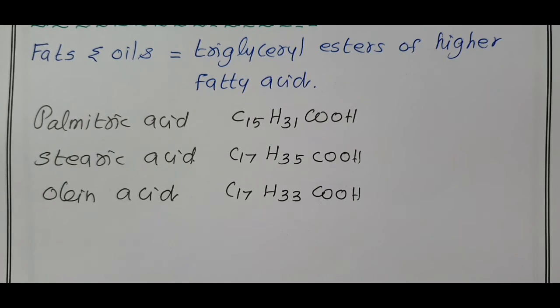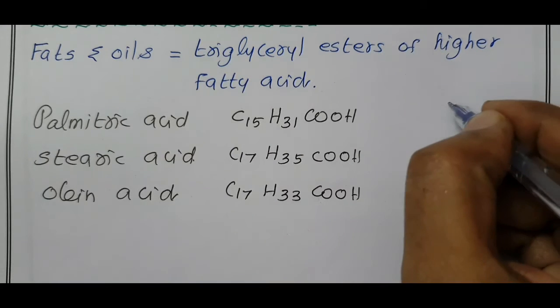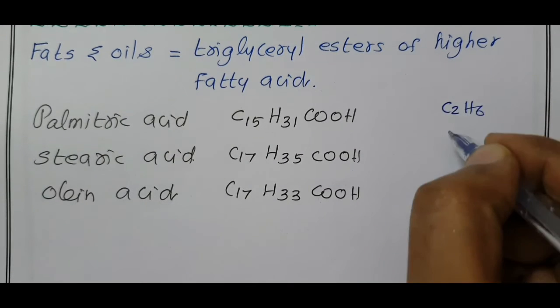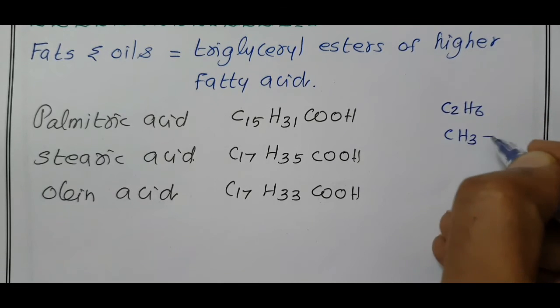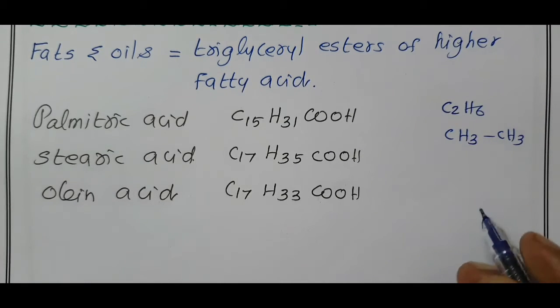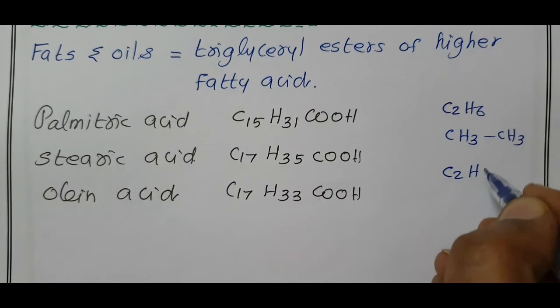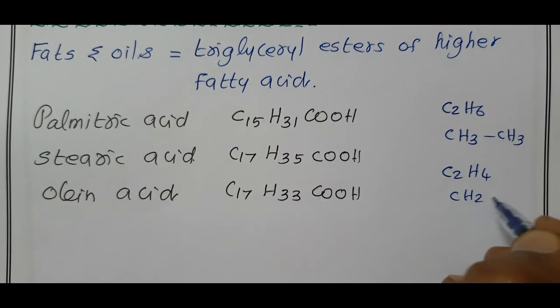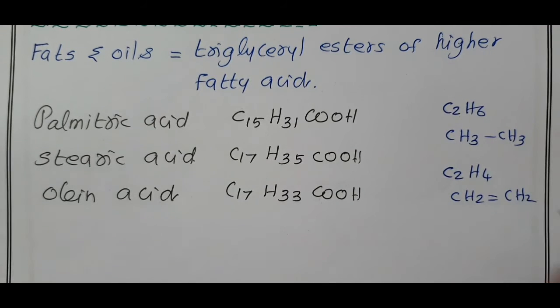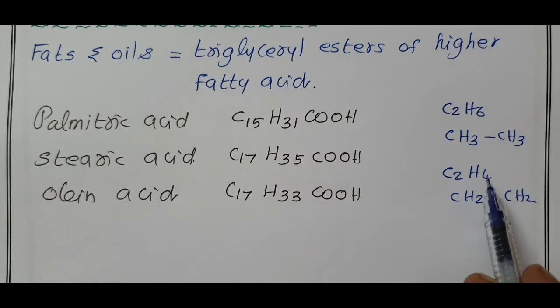Ethane molecular formula is C2H6, structural formula CH3CH3. Ethylene has the same number of carbon atoms, C2H4, which indicates the presence of one double bond. So, if one double bond is present, two hydrogens are reduced.